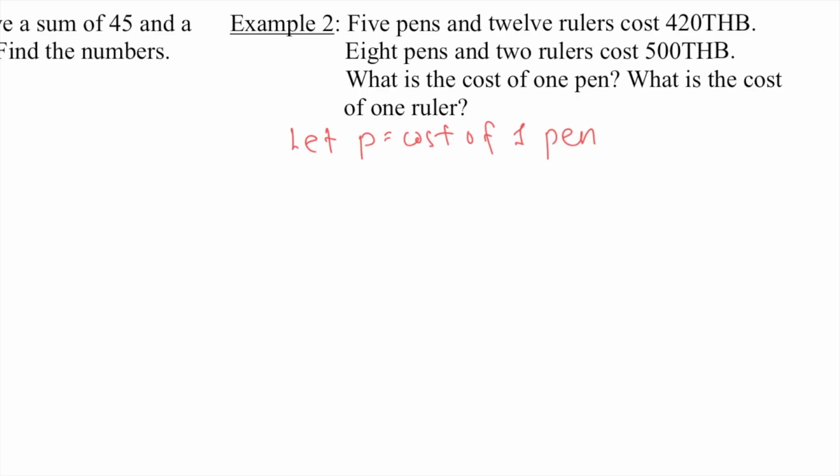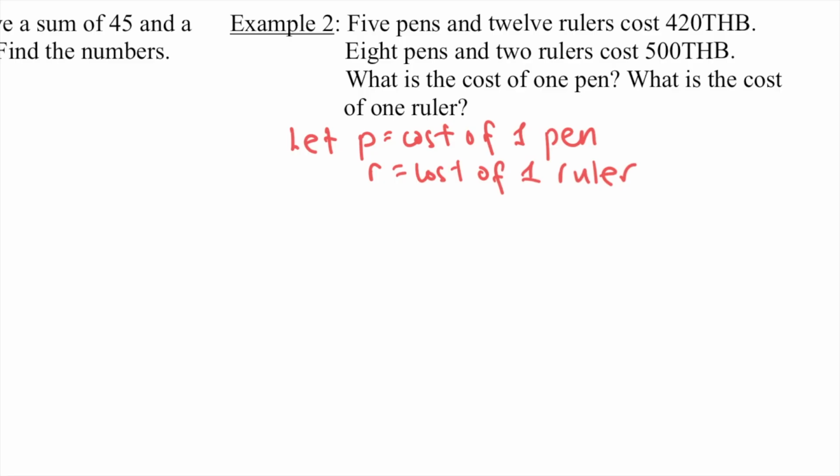You can let it be x or y. I'm going to let R be the cost of 1 ruler. You can pick your variables to be x or y. In this case I use P and R because it's easier to identify the pens and rulers.